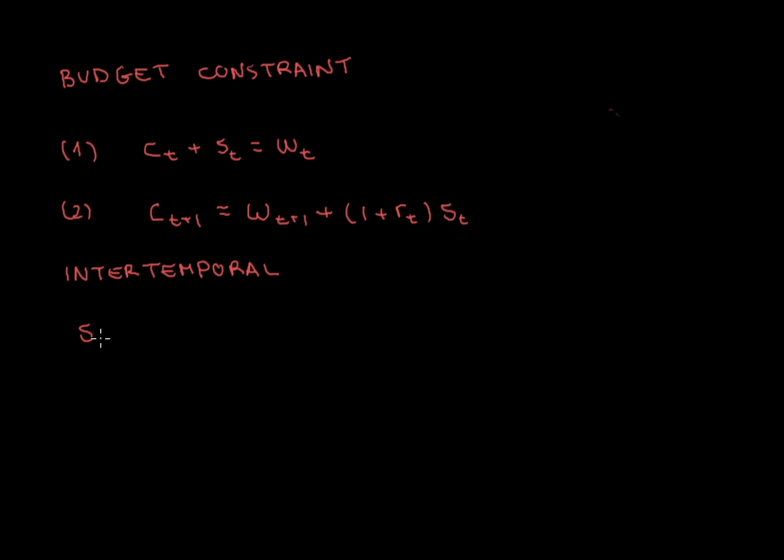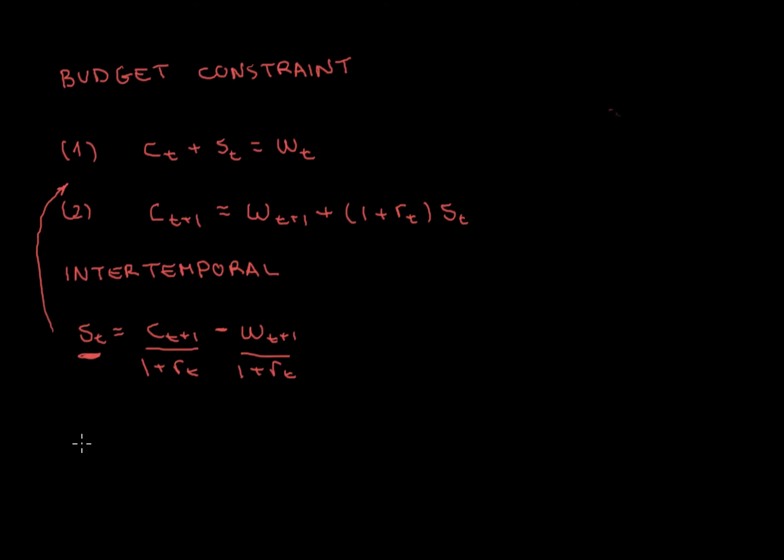So savings here is just consumption t plus 1 minus wage t plus 1, each one divided by 1 plus the interest rate. Now if we substitute this saving into the first equation, we get the intertemporal budget constraint.